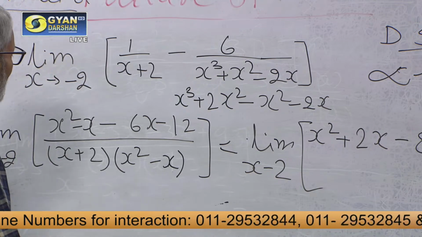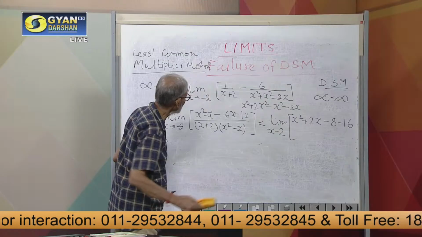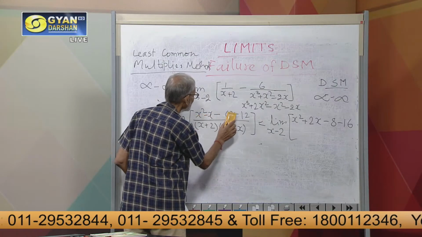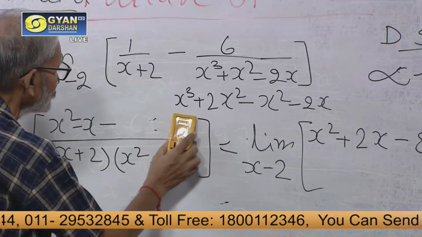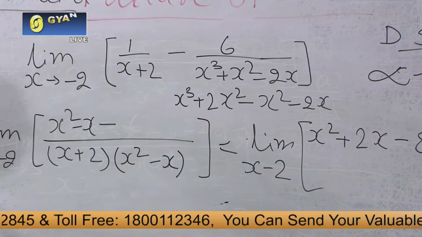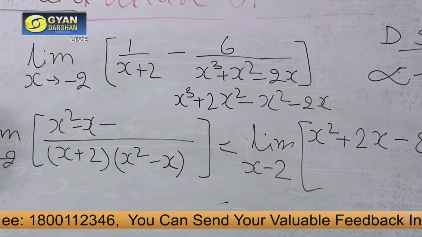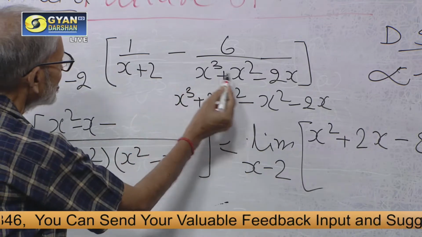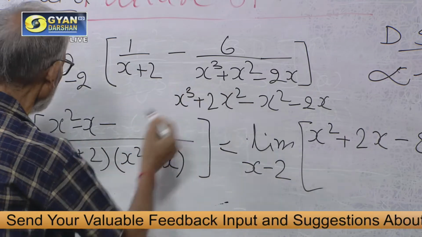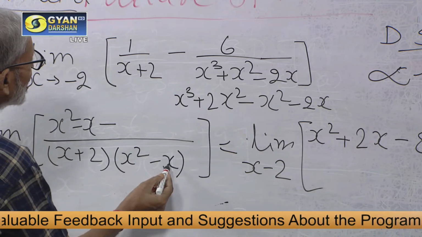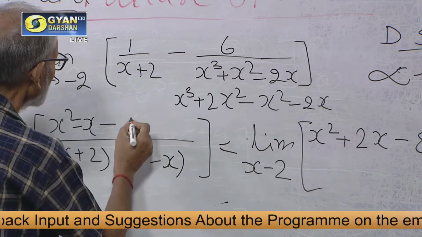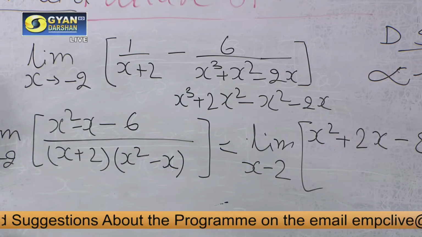Okay, here also I have made a mistake. This is x square minus x, and since the denominator already has x plus 2, it is x plus 2 into x square minus x. So minus 6 will come here.